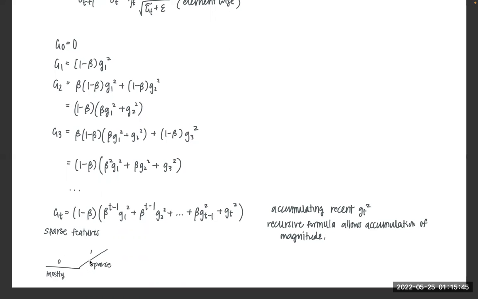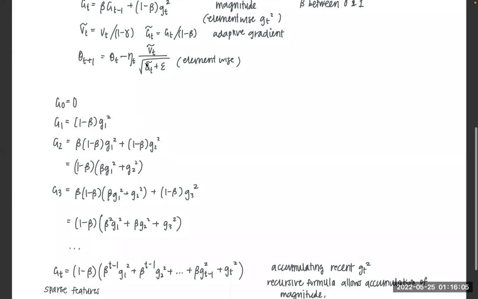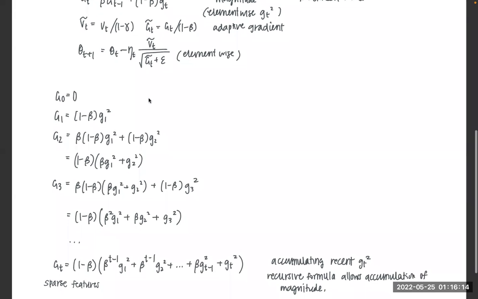Only in the rare case when it is nonzero does it pass the gradient so that those parameters start to learn. That is the sparse feature. When it has a chance to learn, you want it to learn quickly. That's why you want to adaptively adjust the learning rate by the magnitude, to deal with the sparse feature.